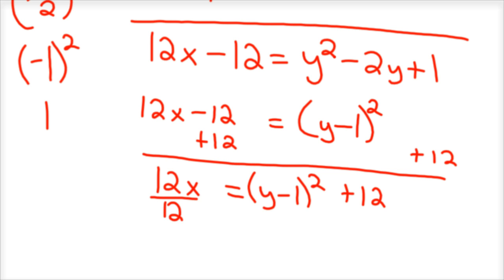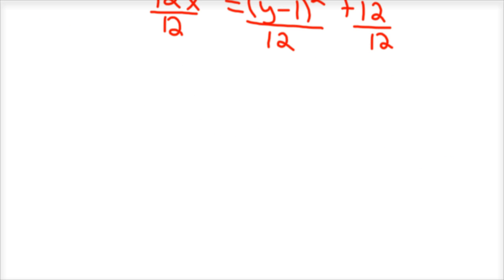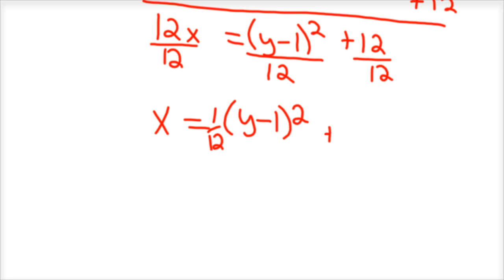I'm going to divide this group of stuff by 12, and this by 12. So then I'd have x equals 1/12 times y minus 1 squared, and I'm going to put that 1/12 out front, plus 1.